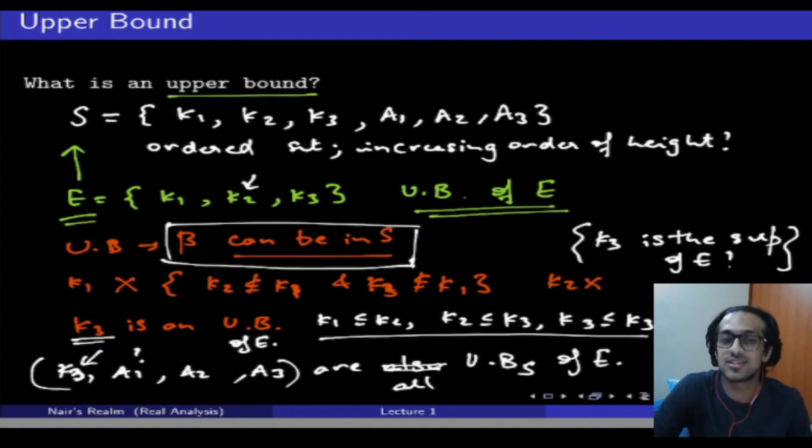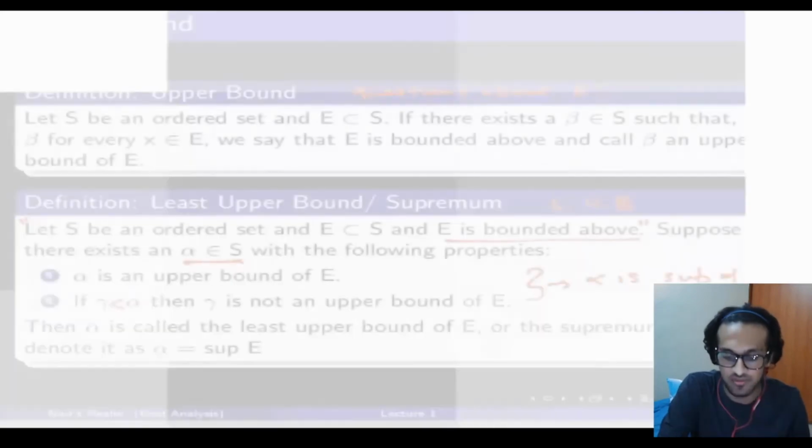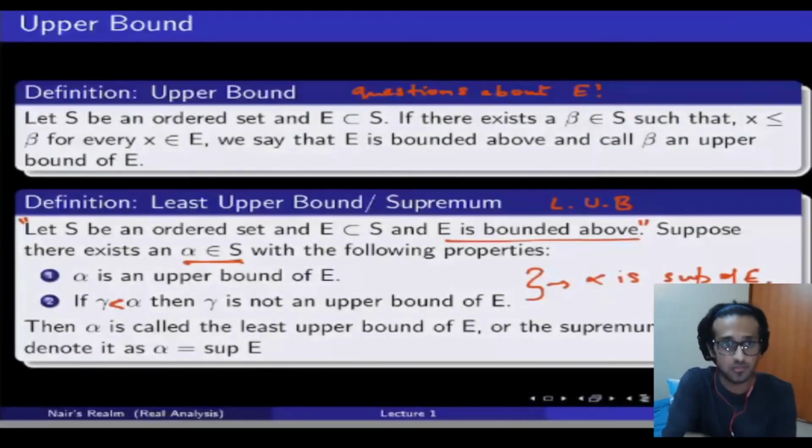So it violates the second property of the definition. Therefore, A1 can't be a supremum, A2 can't be the supremum, and A3 also can't be the supremum. Therefore, K3 is the only supremum of E. I just wanted to make that amply clear, and that's why I went over it again and again.